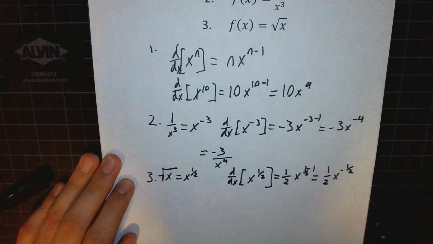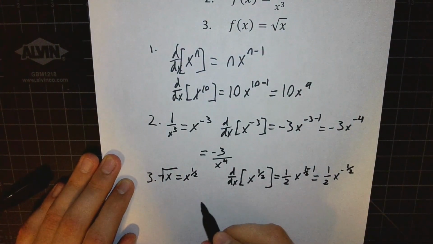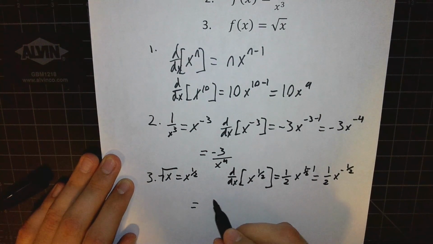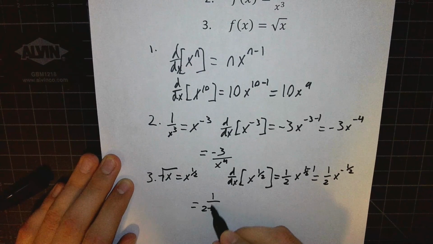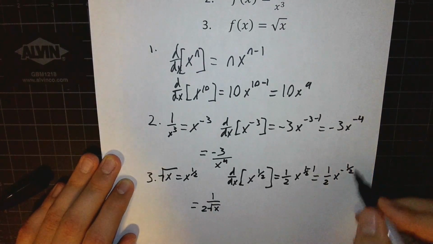So then we rewrite this as 1 over 2 square root of x, because this will jump to the bottom.